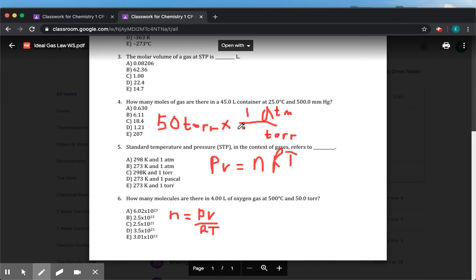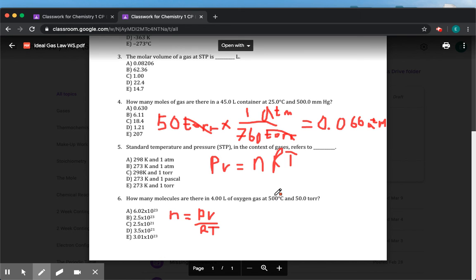It's 1 for ATM and 760 for torr. Your torrs cancel and you're left with just ATM. Plug that into your calculator and you should get 0.066 ATM. So that's my pressure.